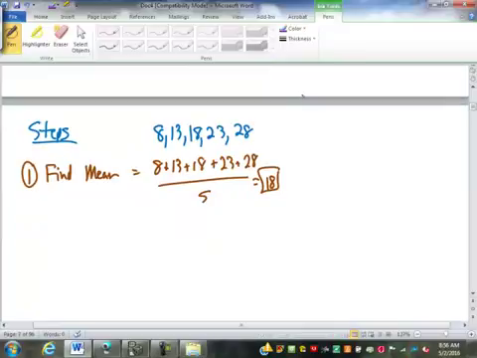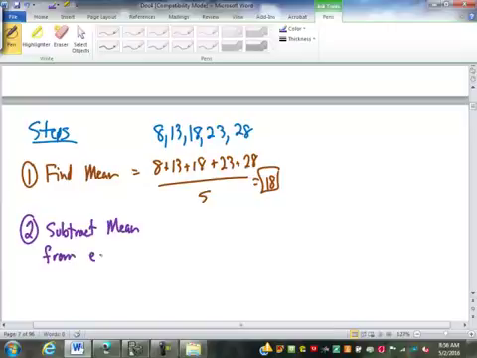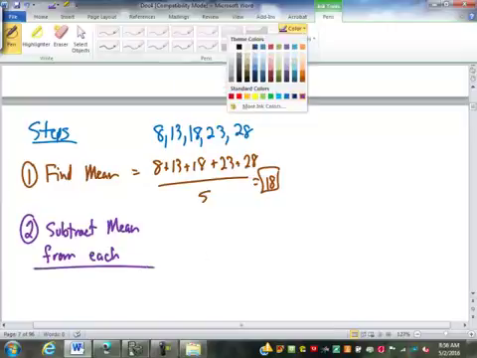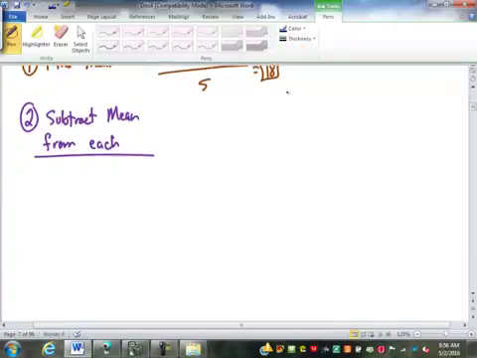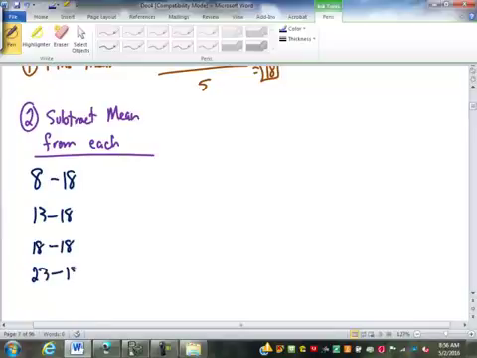Step 2. Subtract the mean from each value. 8 minus 18, 13 minus 18, 18 minus 18, 23 minus 18, and 28 minus 18.